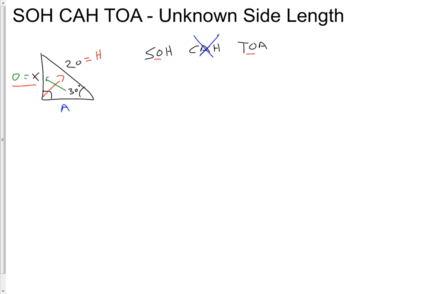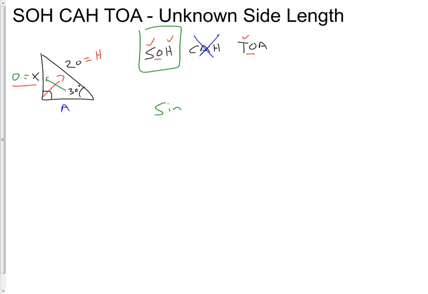Well, I have a hypotenuse, so I'm going to put a check mark above the hypotenuse. And I also have an angle, in this case 30 degrees. You need to have two of the three pieces of information, and it has to let you solve for what you're looking for. So in this instance, the ratio I want to use is the sine ratio.